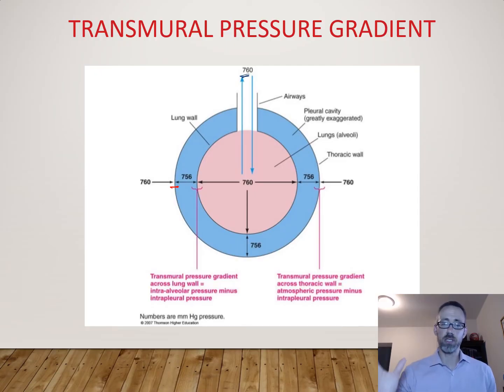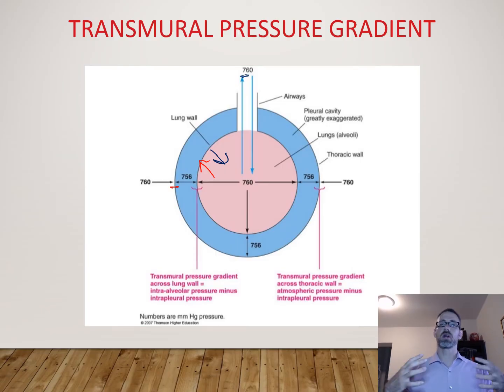And in fact, that pressure of, say in this case, 4 millimeters of mercury difference, pushing outward from the lung, is actually enough to overcome the elastic recoil of the lung. And so it's an important point that although we have the elastic recoil, remember that wants to move inward in the lung, the pressure gradient is pushing outward.